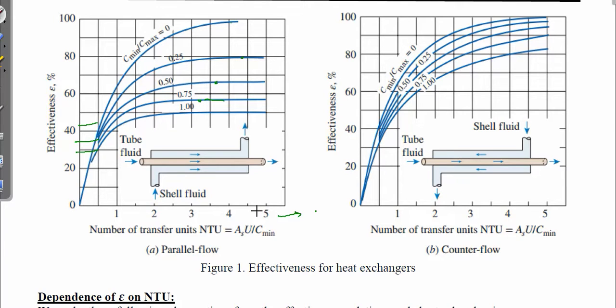So it defines the maximum size of the heat exchanger where you will get the maximum effectiveness. Above that, there is no improvement in the effectiveness value. So these things can be drawn from this graph.